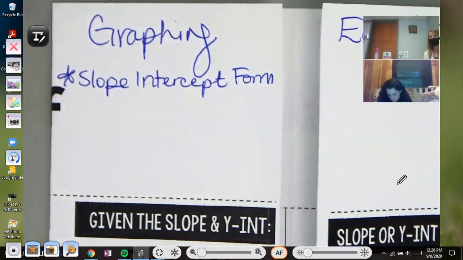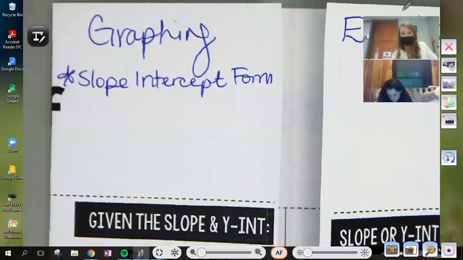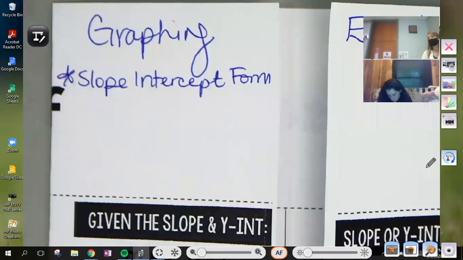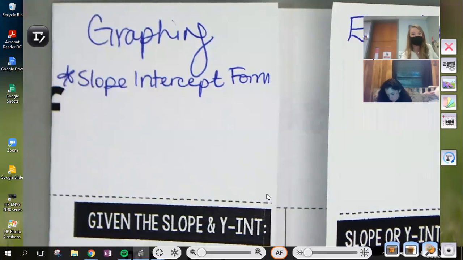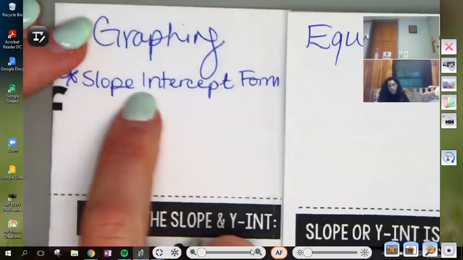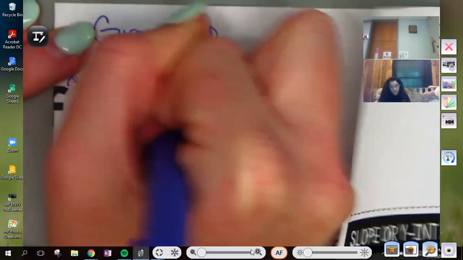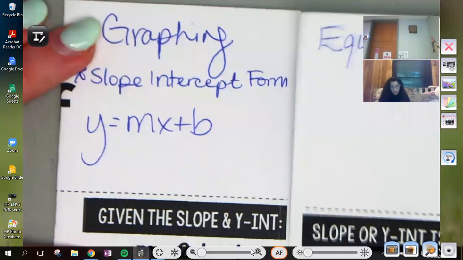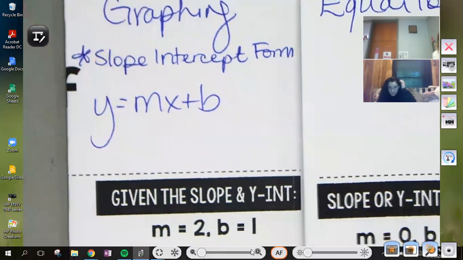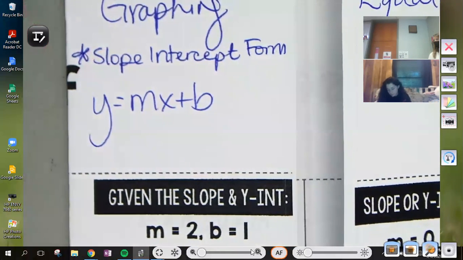All right, does anyone remember what slope-intercept form is? Y equals mx plus b. Good. Okay, so when I'm talking about slope-intercept form, I mean that your equation has to be written like this, in this form. Y equals mx plus b.